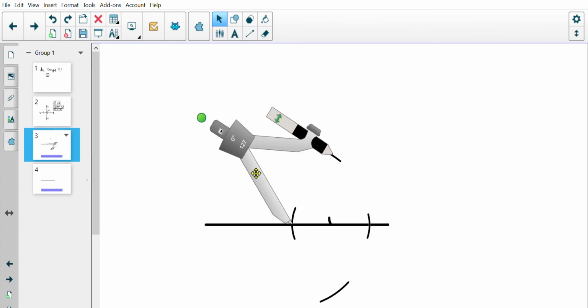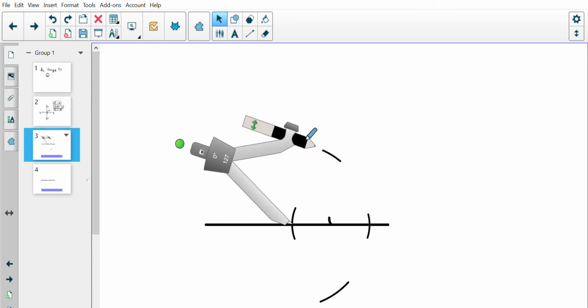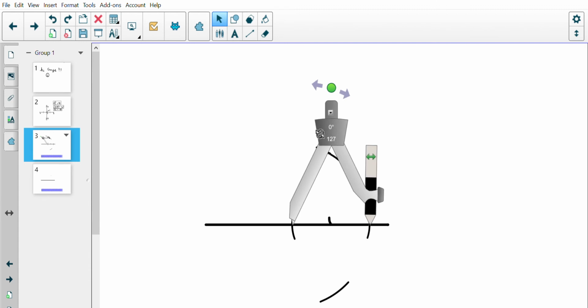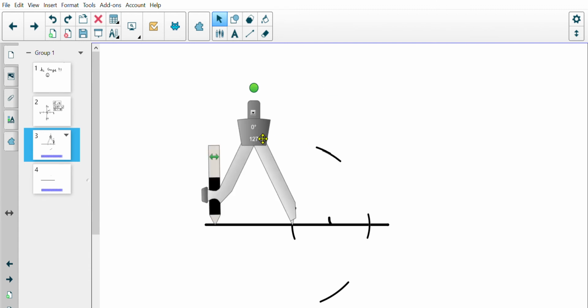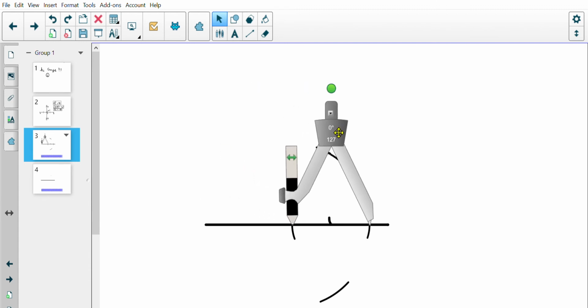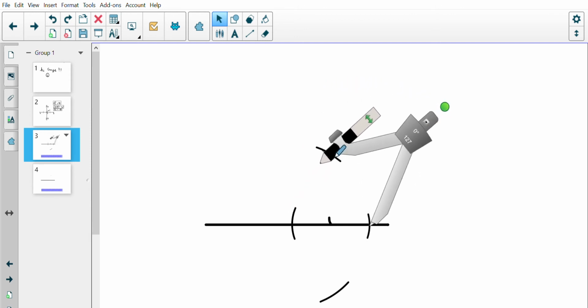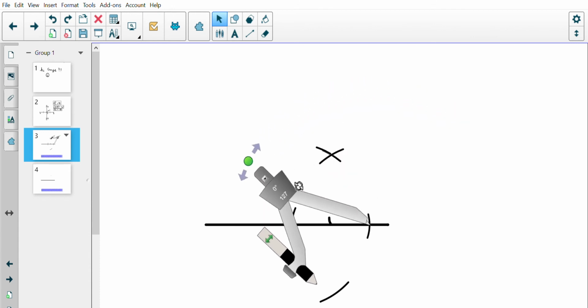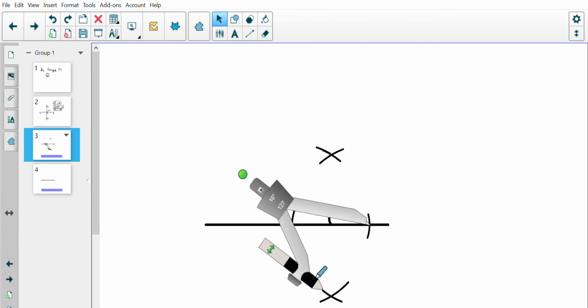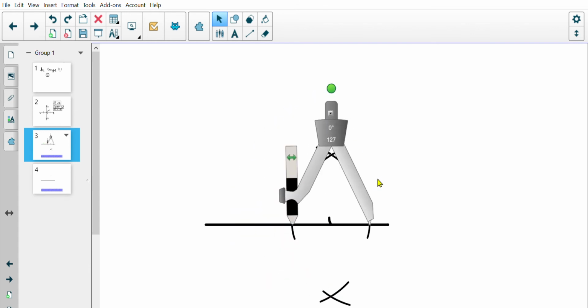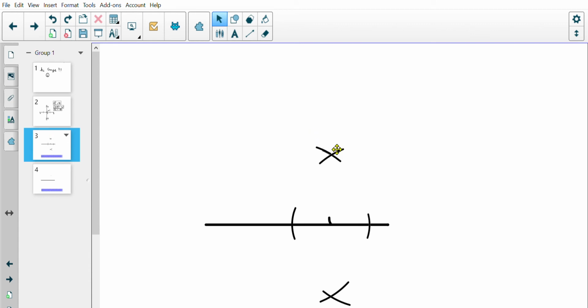This arc looks a bit too small, so I'll just increase its length. Now place your compass on the other point of intersection and create another arc which intersects your previous arc. So like this, right here. So we've got two intersection points.